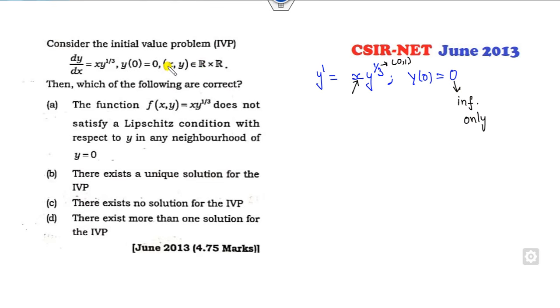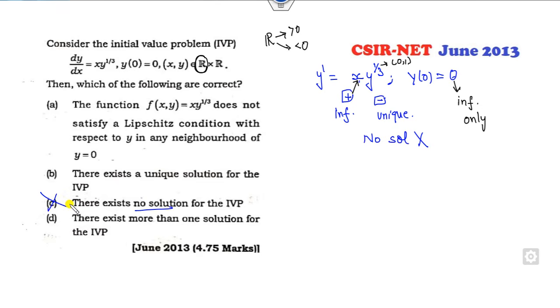What is the domain of x? The domain of x is the real numbers, so it can be positive, it can be negative. It means if this is positive, then you will get infinite solutions. If this is negative, because of this 0, you will get a unique solution. It means no solution is not achievable. So it means there exists no solution.